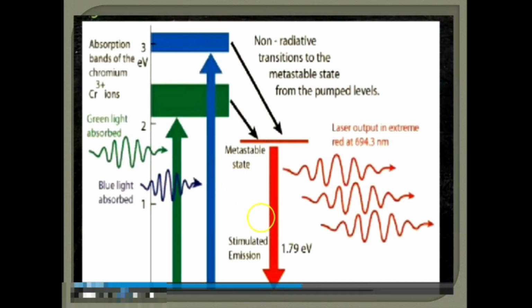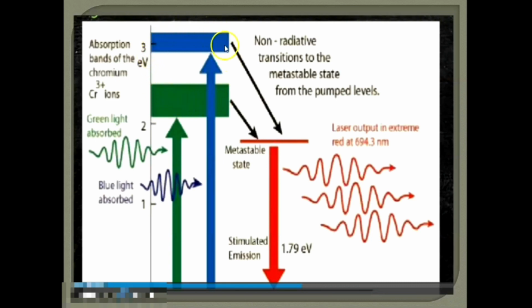When the chromium ions absorb the energy, if they absorb this photon, then they are excited from the normal level to this level, and if they absorb this photon, then they are excited from this level to this level, and this is the exciting level, and the lifetime of this exciting level is 10 to the power minus 8 seconds.